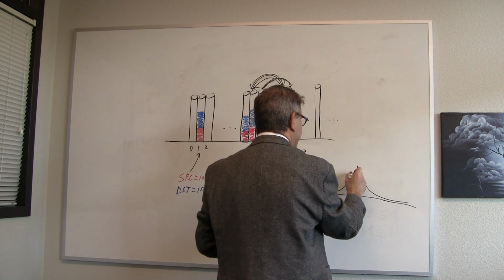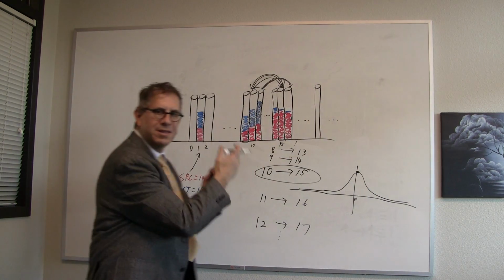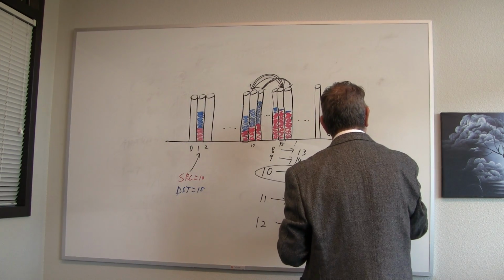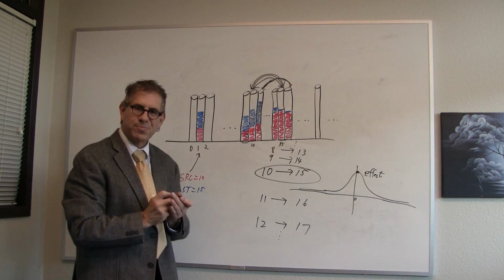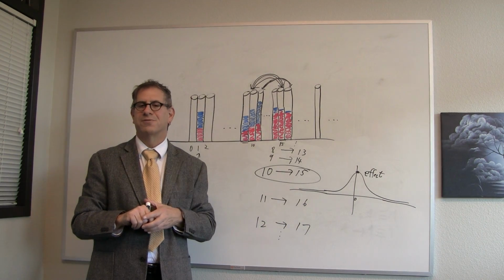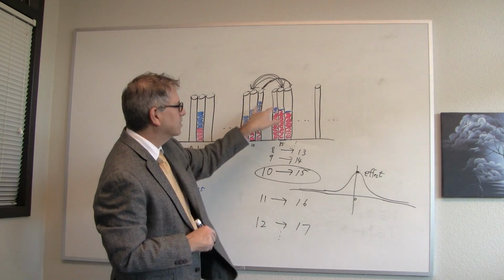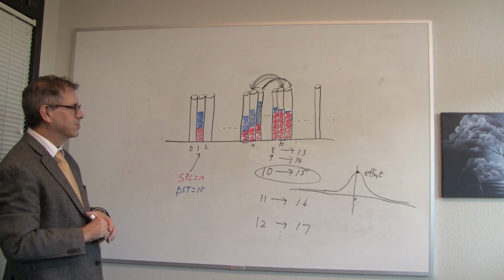That peaks out right at 0 and then fades off in both directions. We call this the effect. And the effect is basically scaling the transfer rate, or if you like, it's the tube diameter of the connecting tube between the bins specified by some instruction.